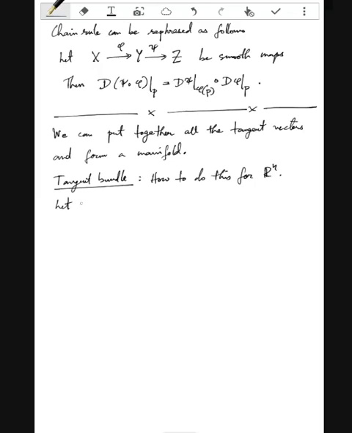So let U contained in Rn be an open subset, and consider the set, the disjoint union over p in U of T p of Rn.